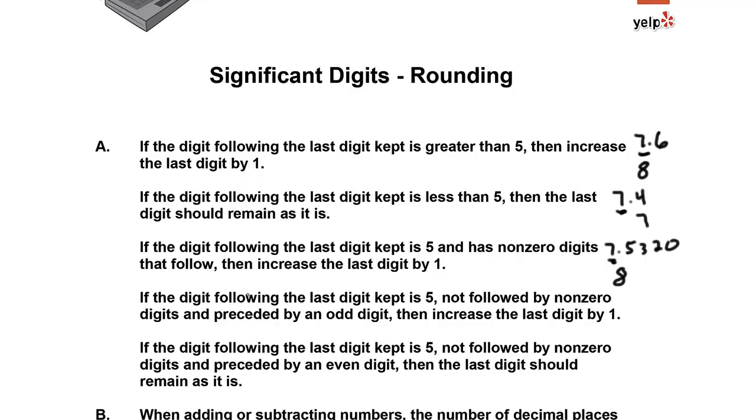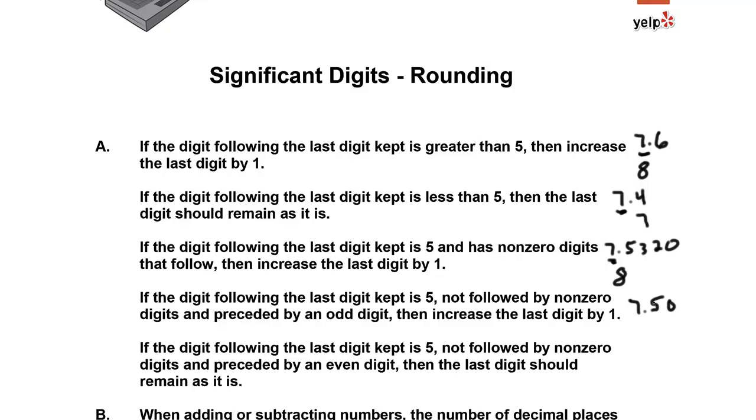But now, if the digit following the last digit kept is exactly 5 and not followed by non-zero digits, so now it's a 7.5 and there's nothing after, or there could be zeros after, that's fine.